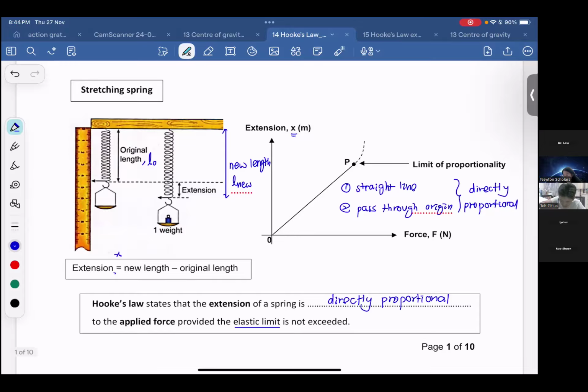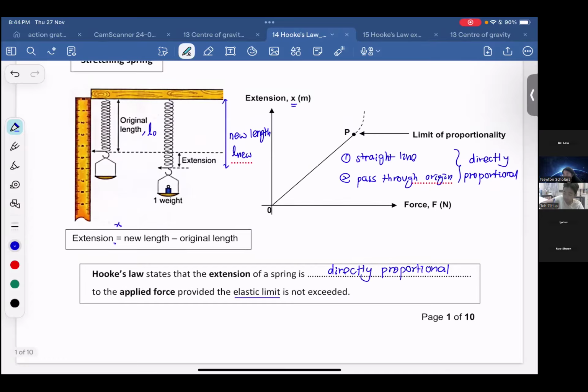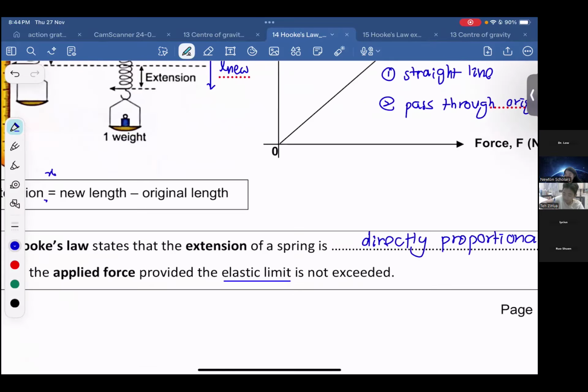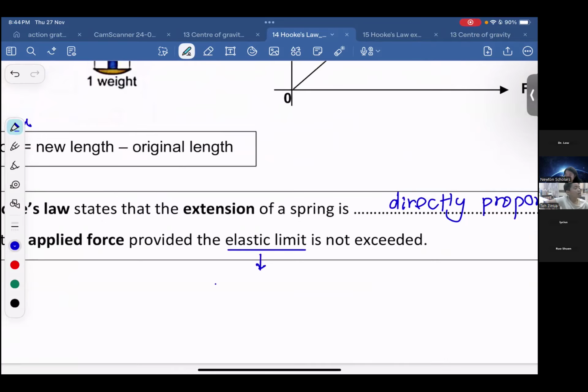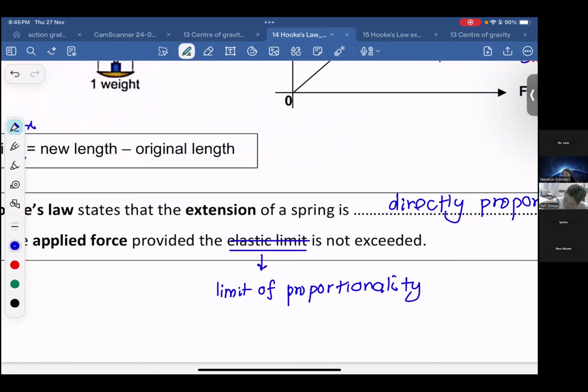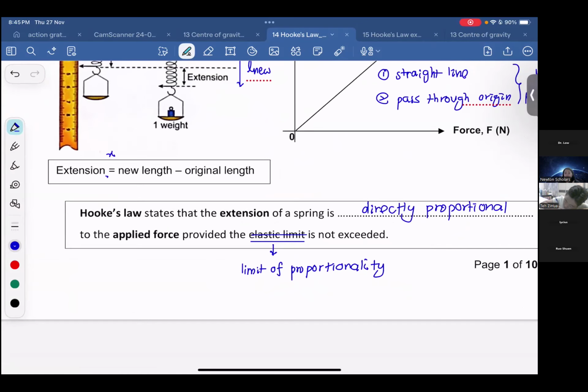Elastic limit is actually used by SPM, Malaysia government syllabus. We call it elastic limit, but in our IG, we call it limit of proportionality. This one you cancel, change it to limit of proportionality.